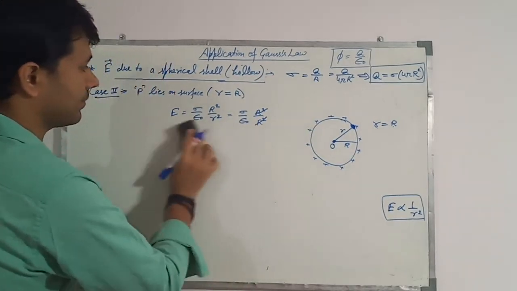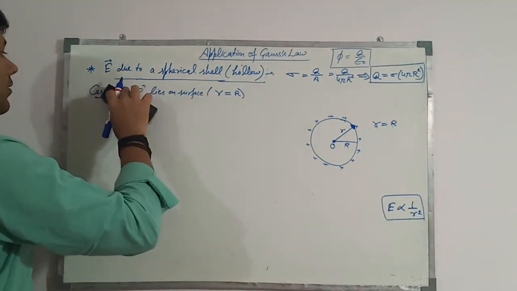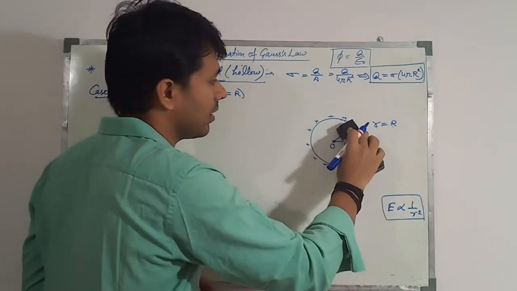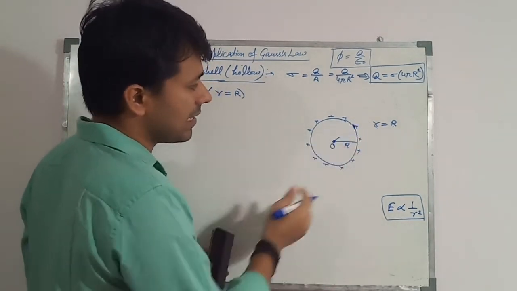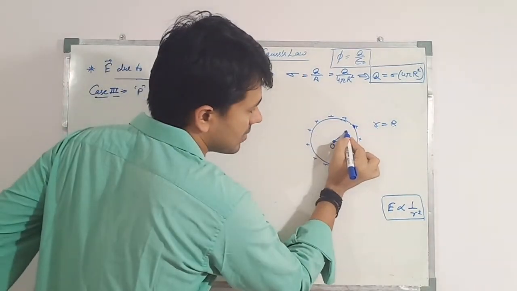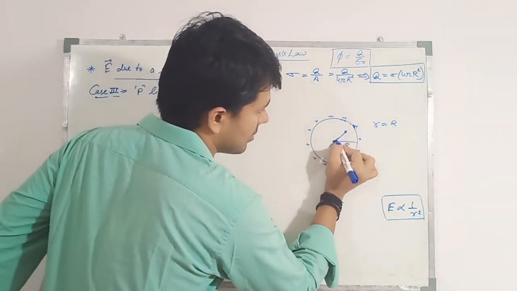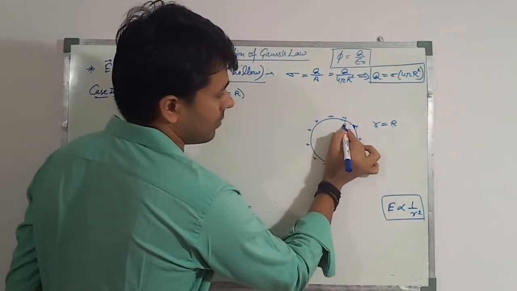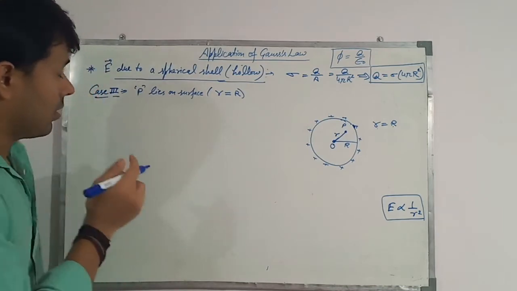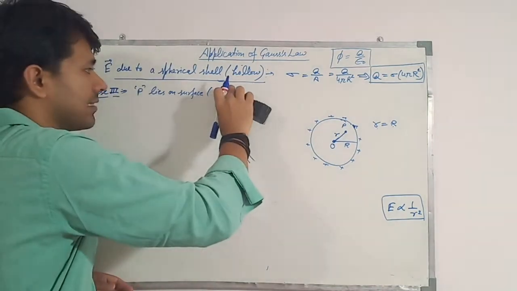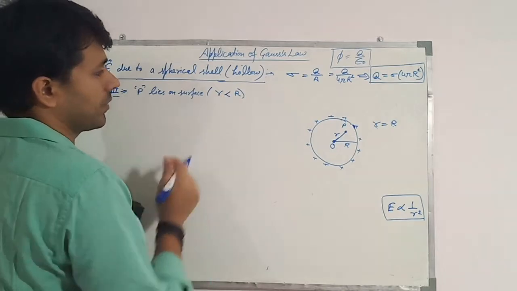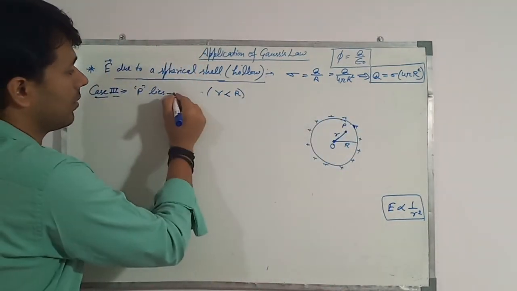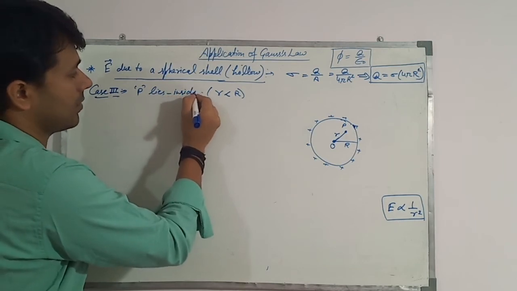Third case, when point P lies inside the surface of the shell. Let's say this is the point P and this is r, which means r is less than capital R. P lies inside.